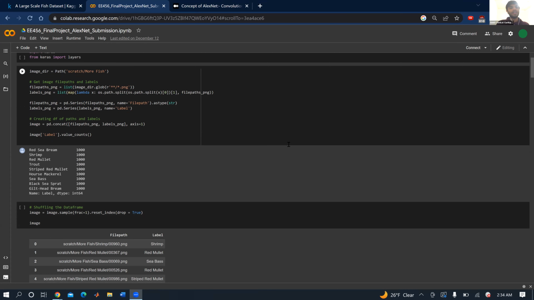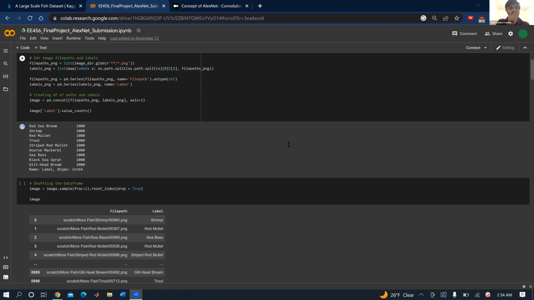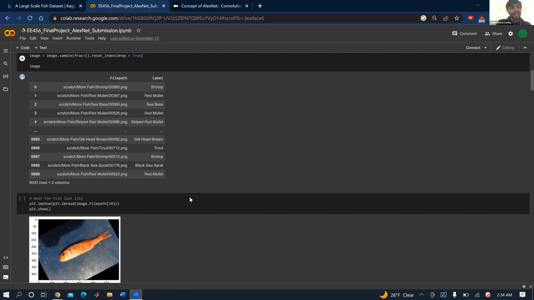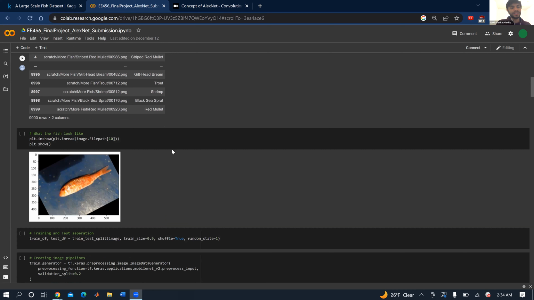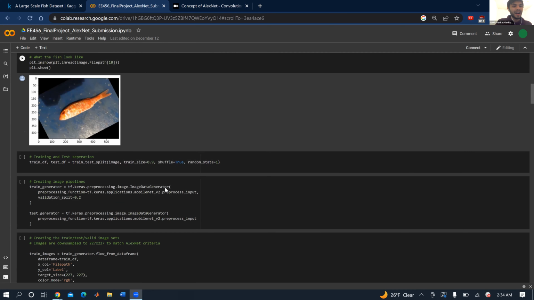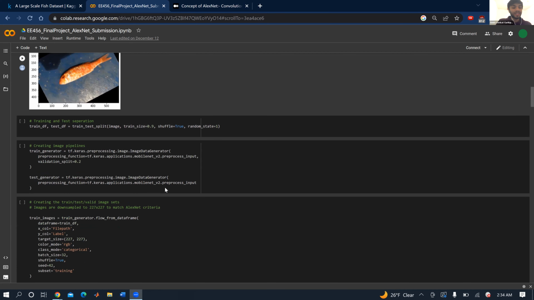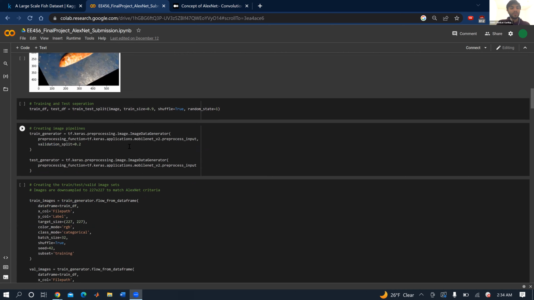But because we have external images, we had to do preprocessing and pipelining. So we actually had to create this data frame that included the file paths of each of the images along with their respective labels. And when we format the data frame as such, quick interlude, this is what the fish image looks like.